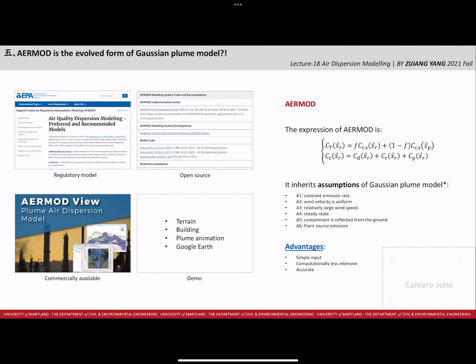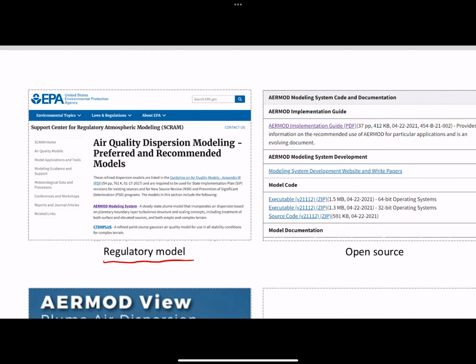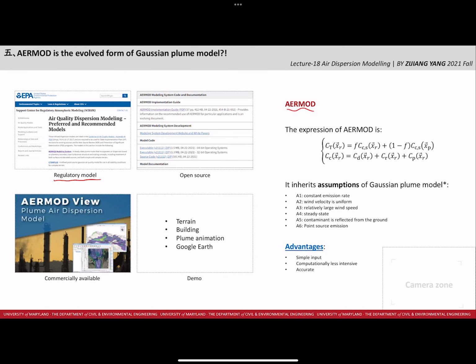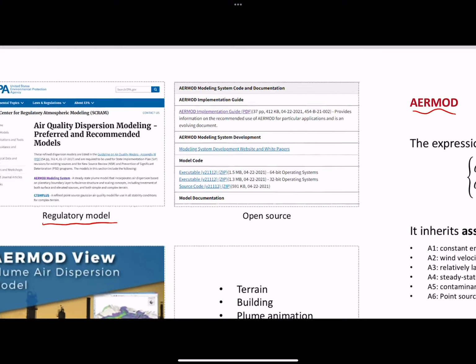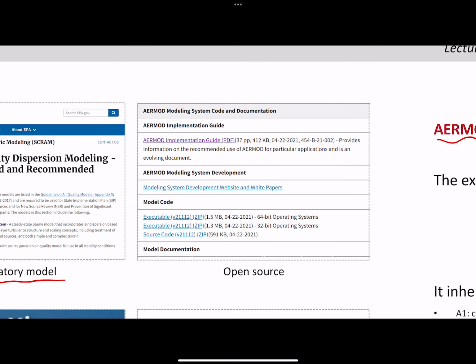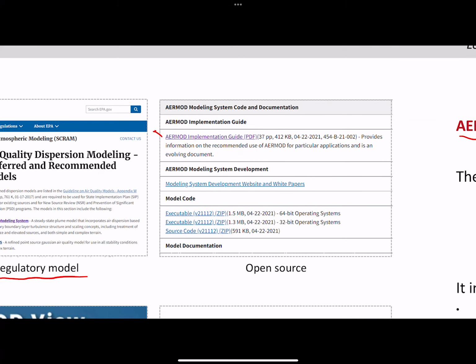And so, in summary, AERMOD is a regulatory model, and we can find its information on the EPA website. And it is also an open source model. So on the EPA website, we can find the formulation, and we can find its original source code.